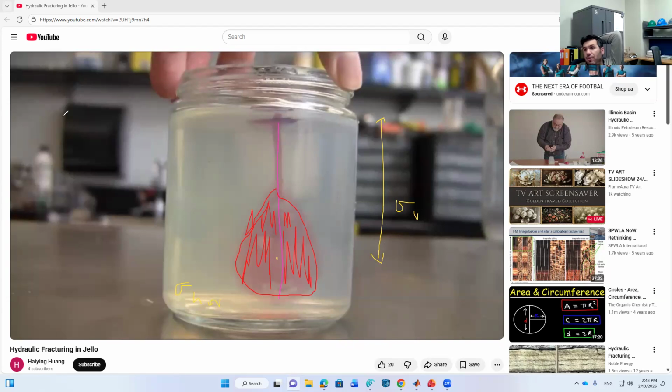Like it's 3-4 times bigger than before. So by going deeper, I increase the overburden above me. So my SV increased.